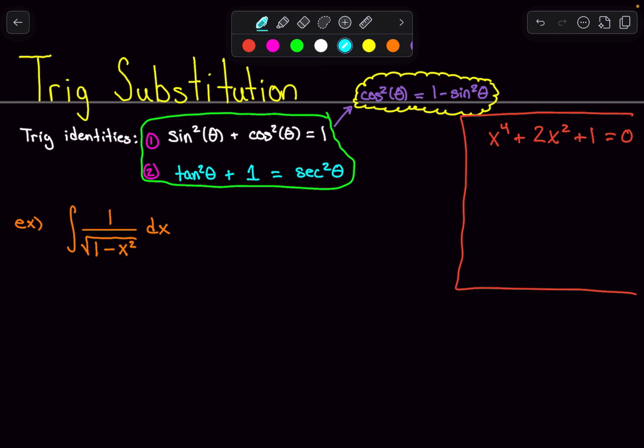We had said, let's just randomly let x squared be equal to u. I can make this decision because then x to the fourth power would be equal to u squared, and that allows me to rewrite this problem as u squared plus 2u plus 1 is equal to 0.